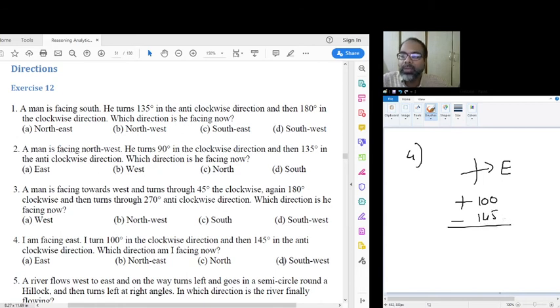So although they are not multiples of 45, the resultant is definitely a multiple of 45. Negative is anti-clockwise. So from east, anti-clockwise 45 degrees, this is northeast. So as you can see, either you can use the diagrammatic method of solving it, or you can just add, subtract all positives and negatives, and one single movement will give you the final answer.